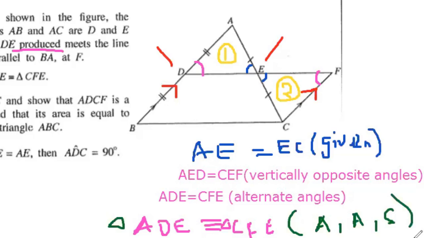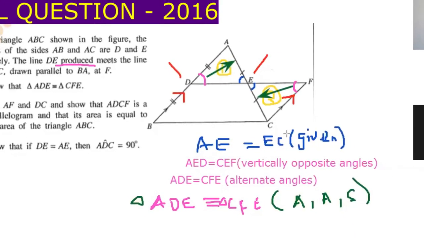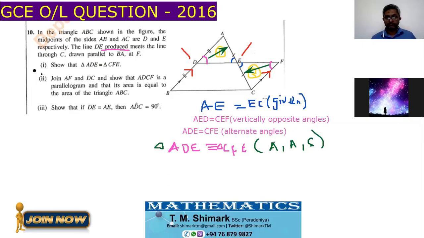It should be the corresponding side, meaning the side opposite to the equal angle. So these two triangles are congruent.